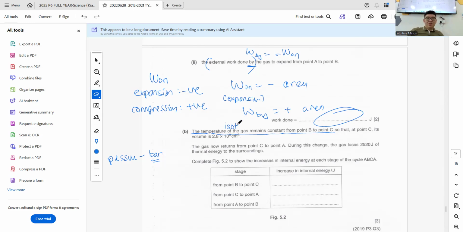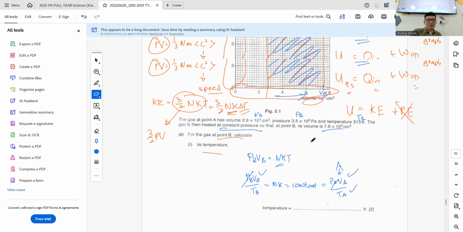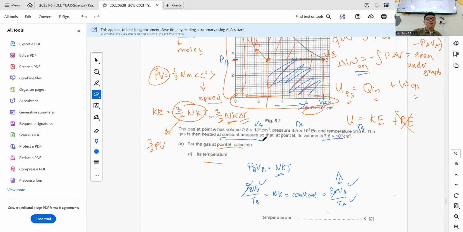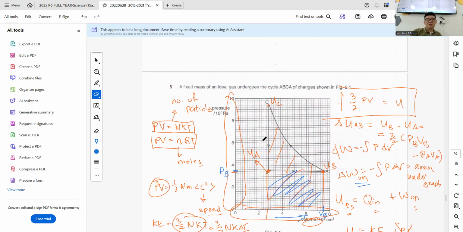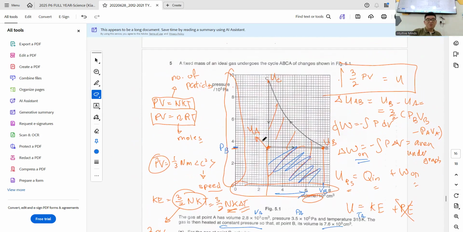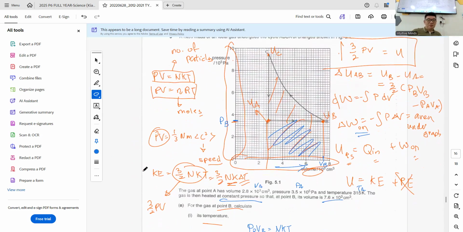So the behavior in that process, what can you tell me about the change in U? Why is it zero? The temperature is constant, so the delta theta will be zero, and therefore the change in U will be zero. Why is that so? Because the internal energy of a gas is 100% kinetic if it's an ideal gas.